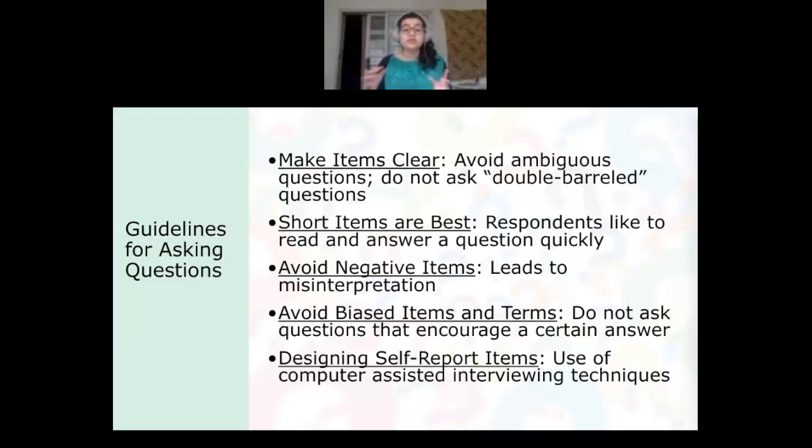And then there's also social desirability. Biased items and terms are more likely when there's an interviewer doing the interview and it's not anonymous or self-administered, because people are more likely to answer the question in a way that seems socially desirable.